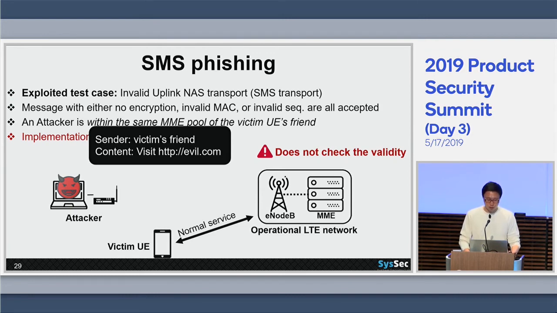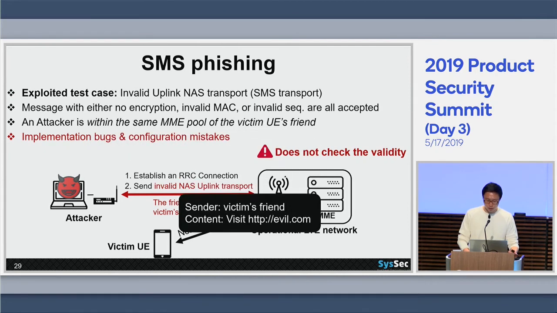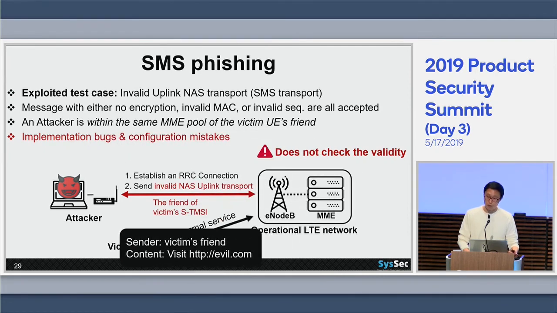So it is transmitted to the destination UE. The attacker just sends an SMS message as if it is the victim's friend, and the network transmits this SMS to the victim UE without any validity check.